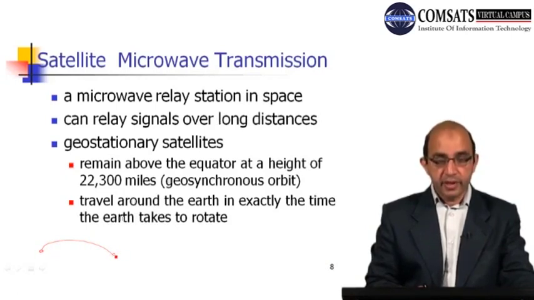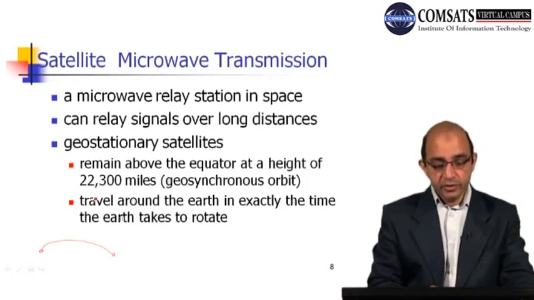You can see that if I want to transmit from here to here, this is not possible. So what I can do is have a satellite over here, and this is the transmitter and this is the receiver.